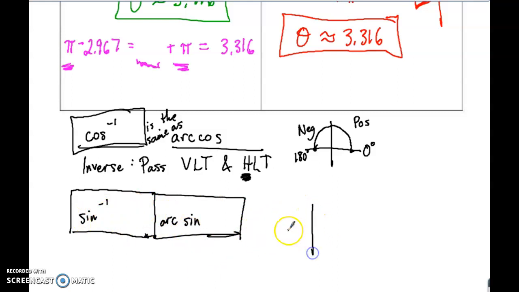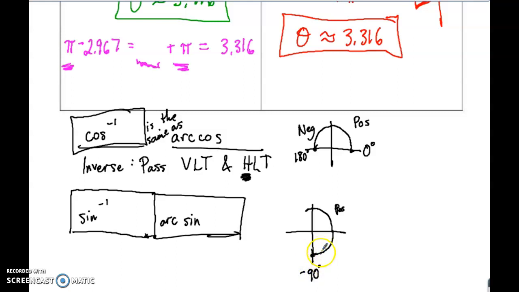On the unit circle, if you went from the first quadrant to the second quadrant, you're having the y values repeat, because sine is positive here and positive here. So whoever thought of this decided that the best option was to go into the fourth quadrant and go clockwise.